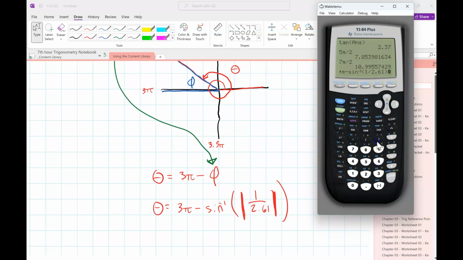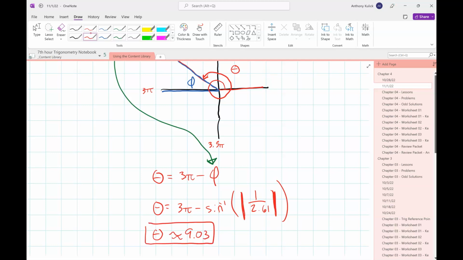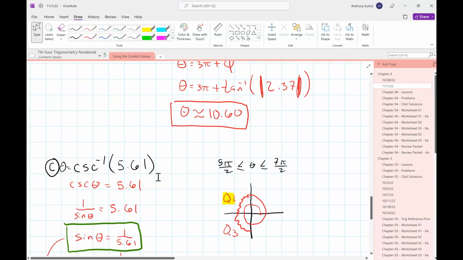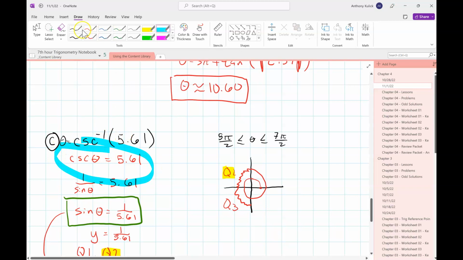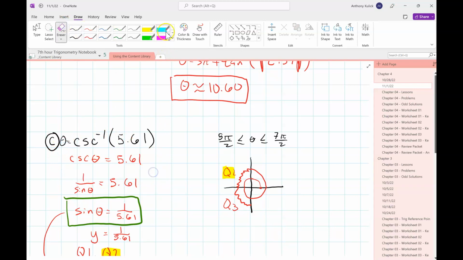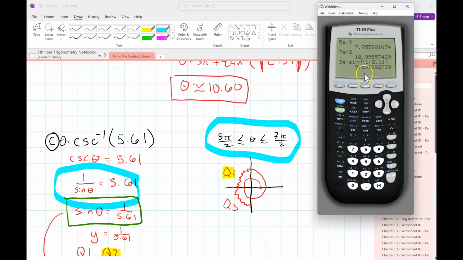I'm just going to do the absolute value part in my head. So that should be about 903. So I'll check that. I'm going to check that 1 over sine theta gives me 561. And then that 903 is between 5 pi over 2 and 7 pi over 2.